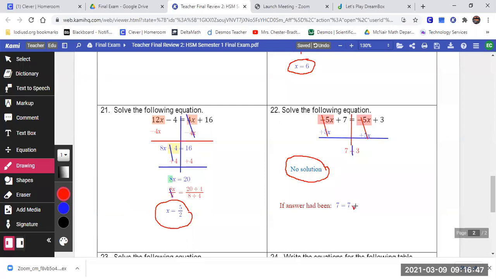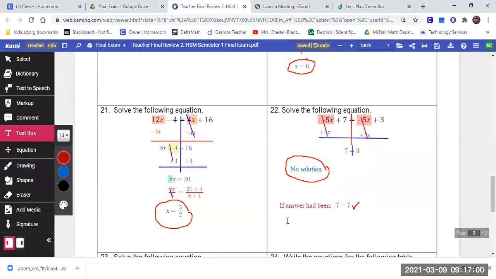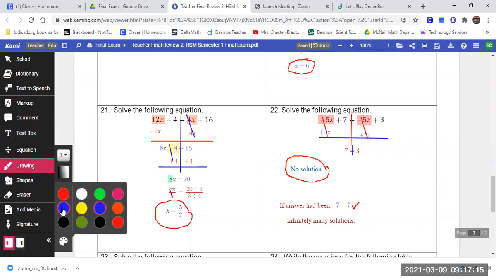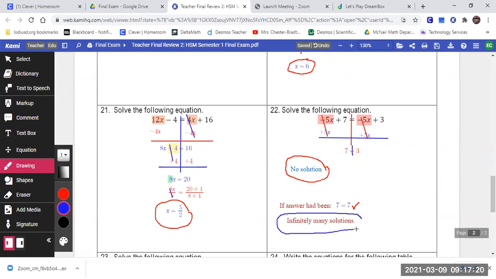That's a check mark. So when the x's are all gone and we get a false statement, it's no solution. But if the x's are all gone and we get a check mark, we get infinitely many solutions. Okay, this didn't happen to us when we were doing the work, but it is possible for answers on the test. So I wanted to have both on the notes for you because yes, you get to have these open as notes.